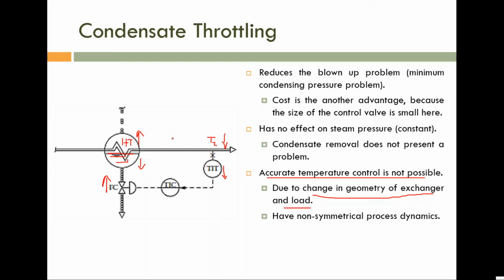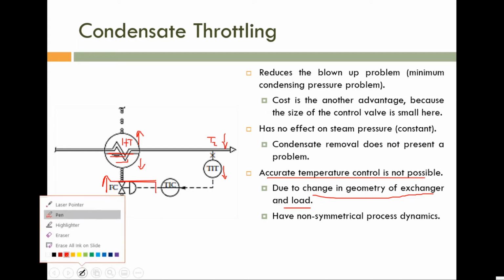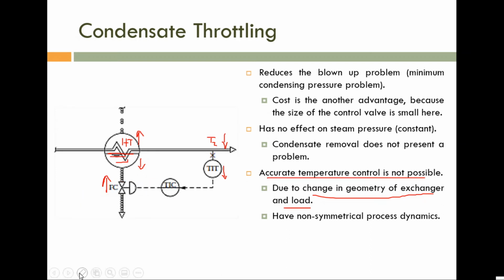Please note, here we are using a normally closed control valve. If you are using a normally closed control valve, then in order to open it, we have to increase the control signal. Am I correct? By increasing the control signal, we can open the control valve.